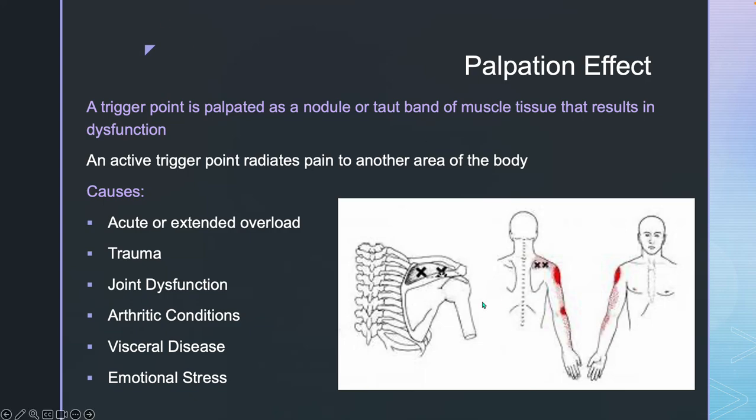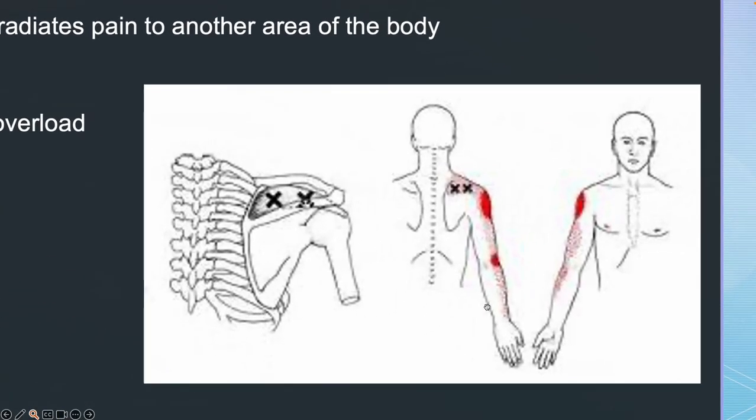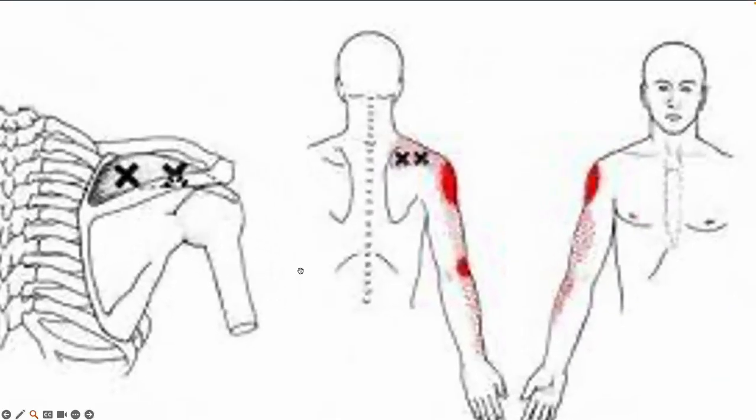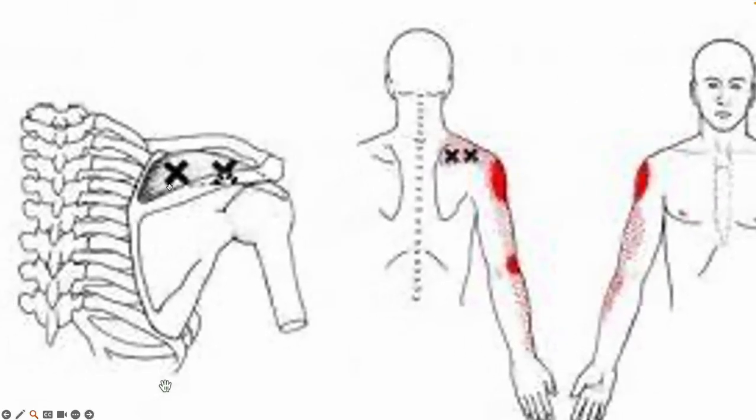So in this picture here, I have the lovely supraspinatus. The X's show where this person's active trigger points would be, and also where common trigger points typically are. A lot of people get trigger points in the shoulder area. X marks the spot. Red is where you can feel pain radiate.